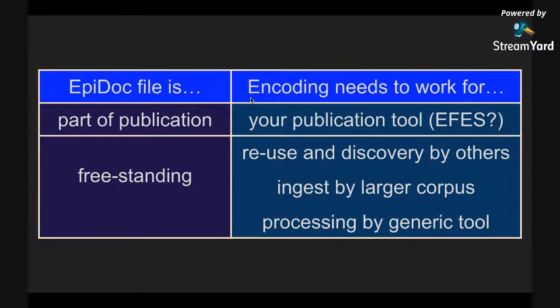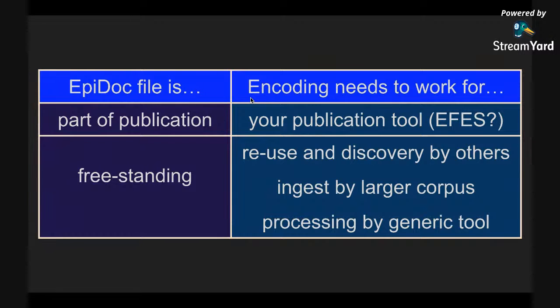So some of your encoding also needs to be aware of the possibility that it will be reused and discovered by others outside of your publication. It may be ingested by a larger corpus, such as one of the EAGLE databases, or something similar.